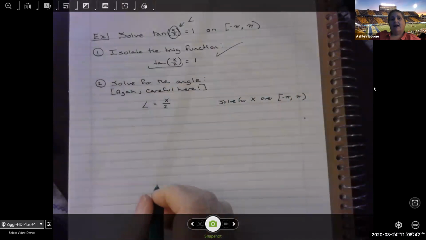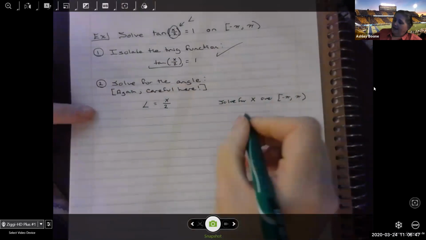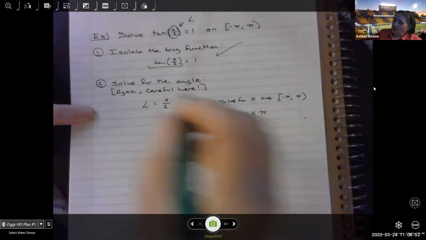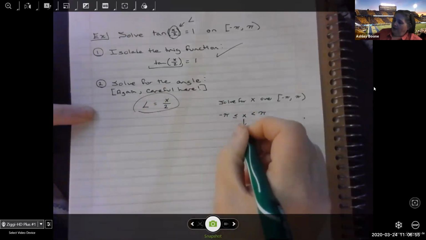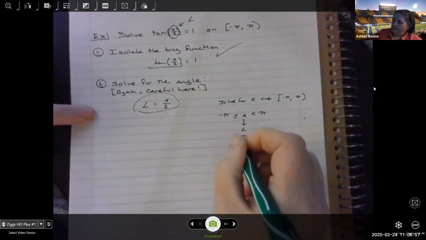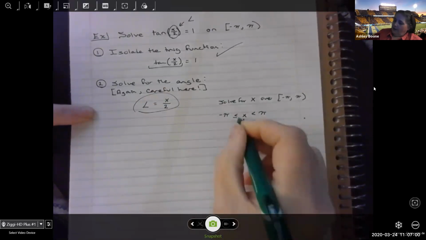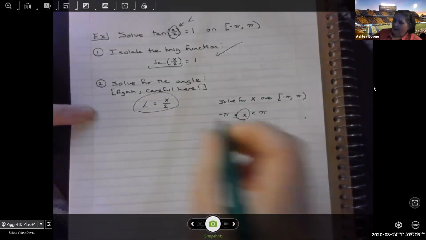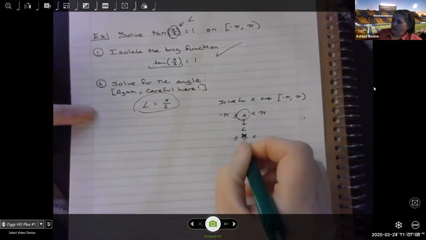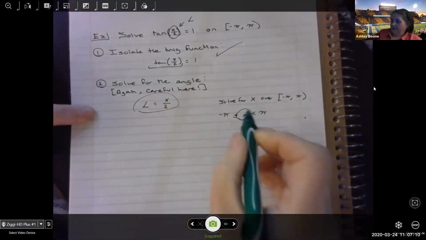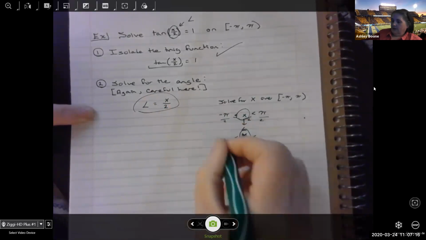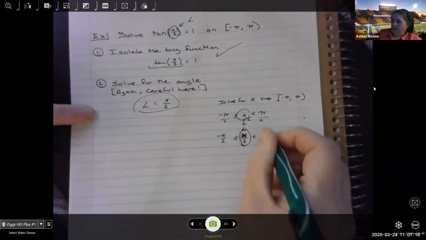So in the second step where we solve for the angle, we need to know if x is in that interval negative pi to pi, what that means about our angle, which is x over 2. To go from x to x over 2, I'd have to divide by 2. Whatever you do to one part, do to all 3 parts. So that's negative pi over 2 to pi over 2.